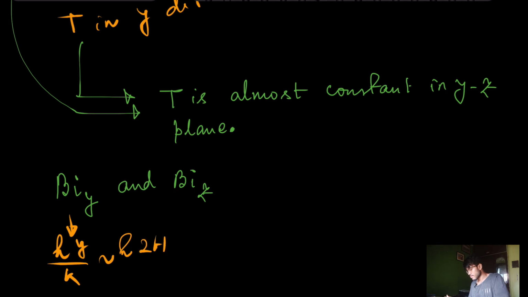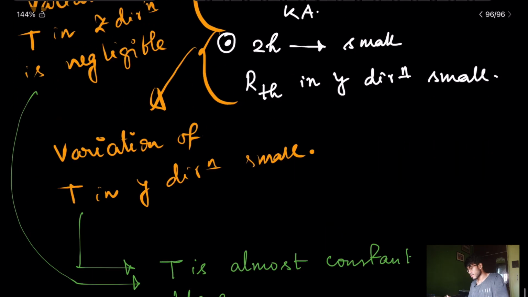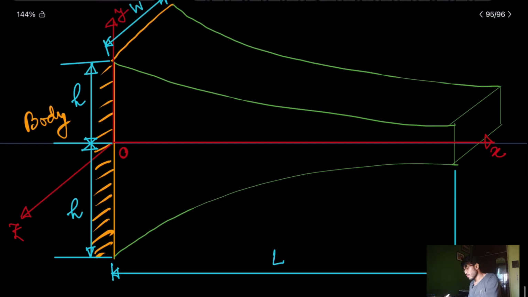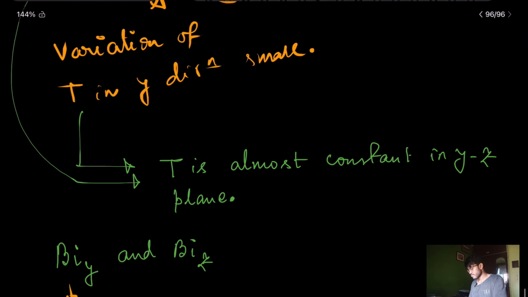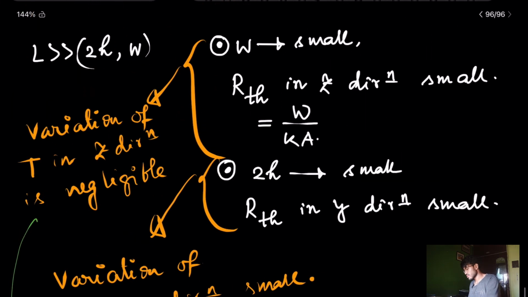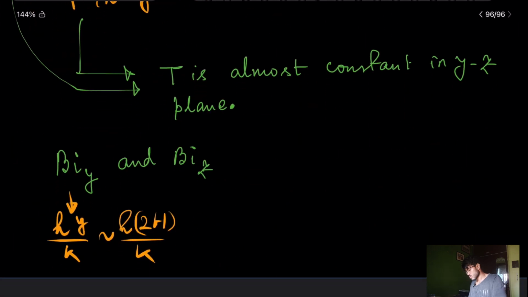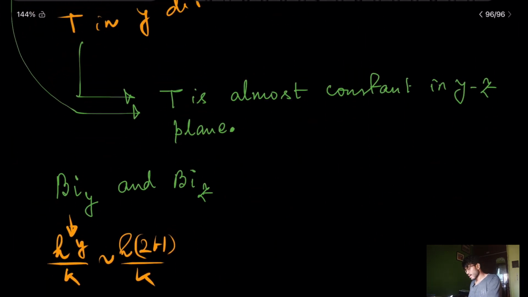Let me term this height as capital H, because otherwise we will get confused with the heat transfer coefficient. So this is capital H. Clear? This will also be capital H. And in Z direction it will be h into W by K.